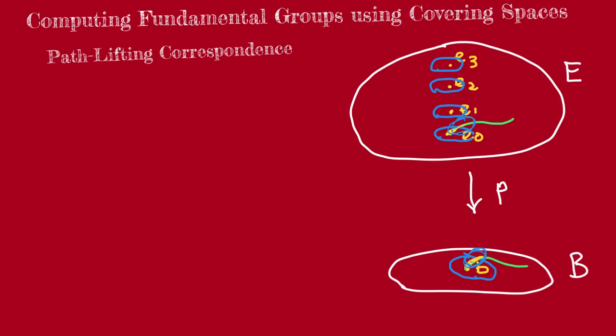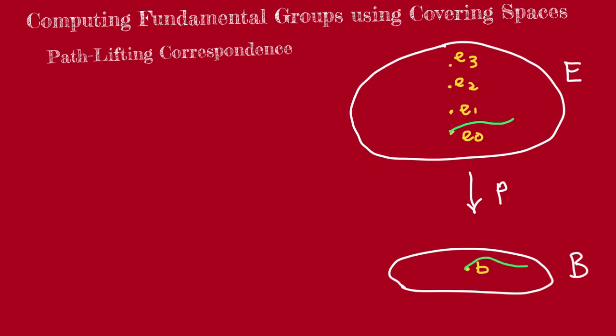And I can keep doing that, and that would give me a lift of the whole path. So that's a rough idea. Now, we said this is about computing fundamental groups, right? How does this path lifting thing have anything to do with the fundamental group?